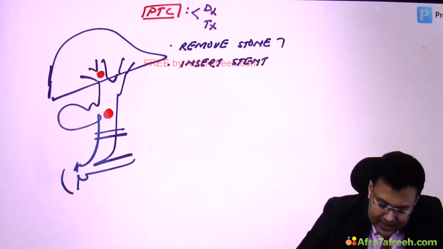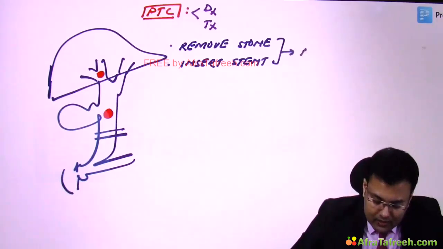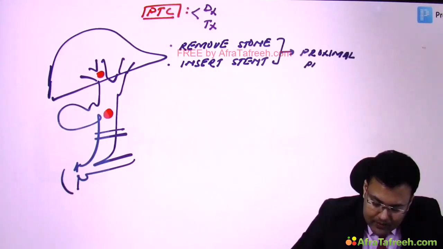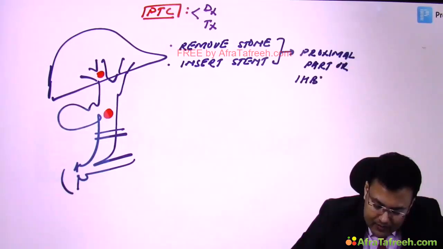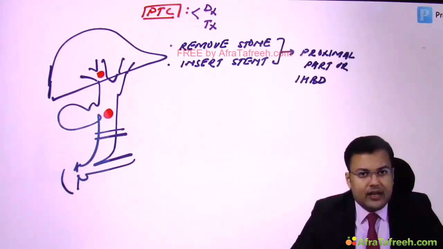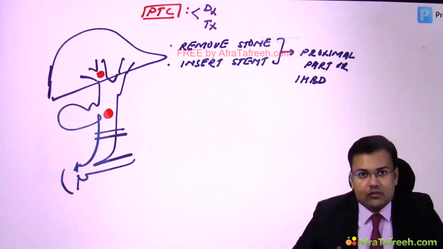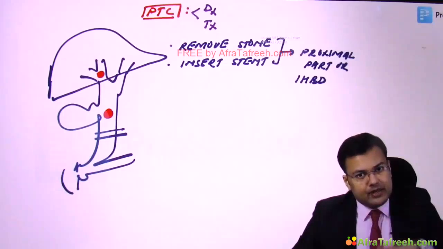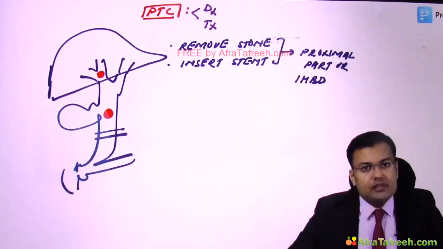Right? Where exactly? In the proximal part of bile duct, so proximal part or intrahepatic bile duct. Clear? So MRCP is purely diagnostic. ERCP and PTC are both diagnostic and therapeutic. ERCP for distal part and PTC for proximal part.